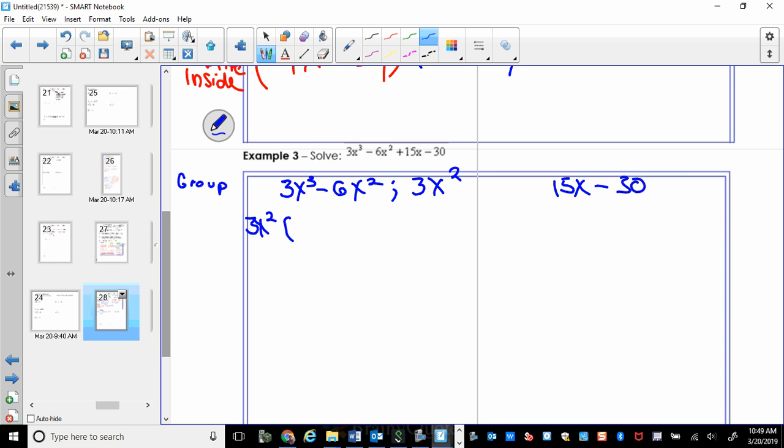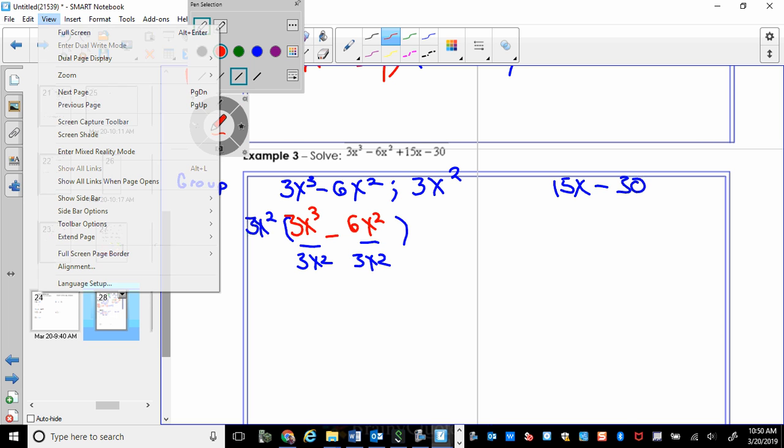times the quantity of 3x cubed divided by 3x squared minus 6x squared divided by 3x squared. So let's go ahead and take care of that part, guys.